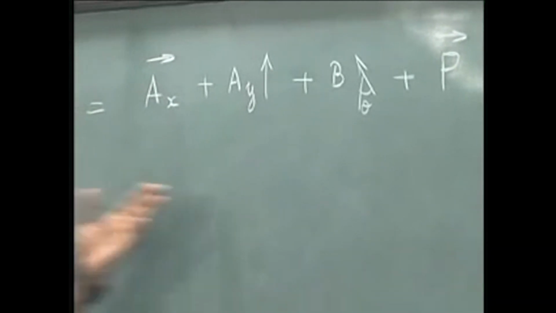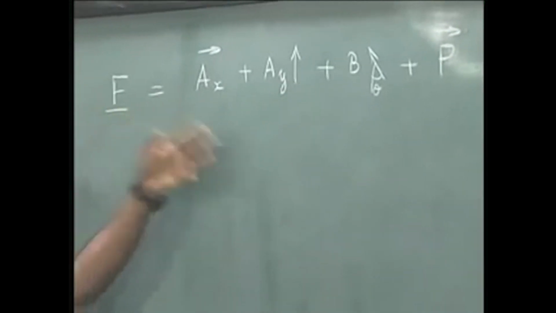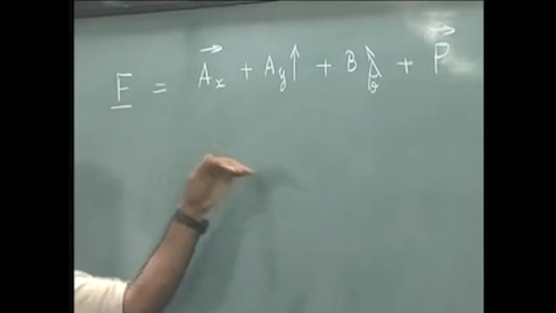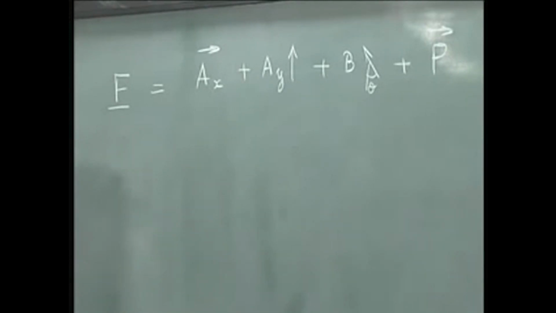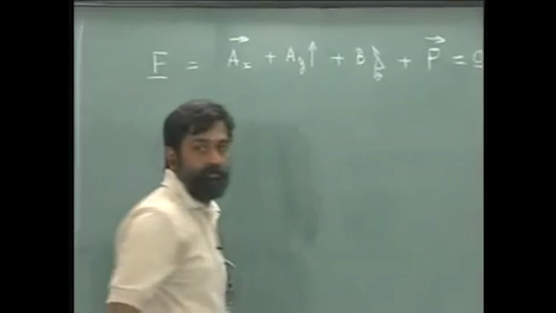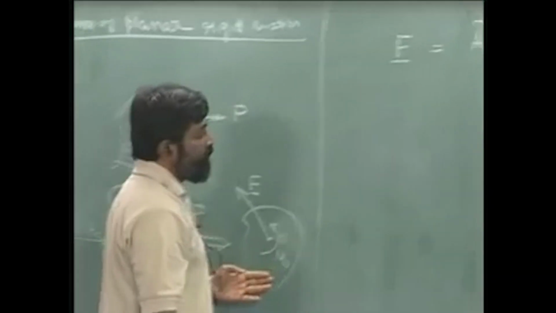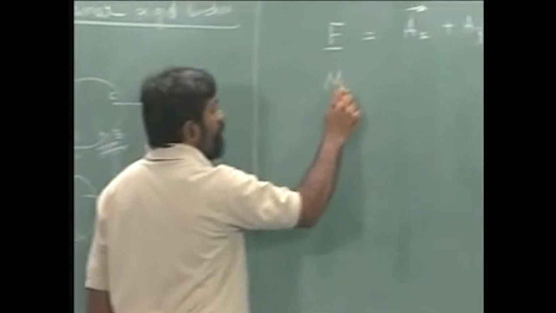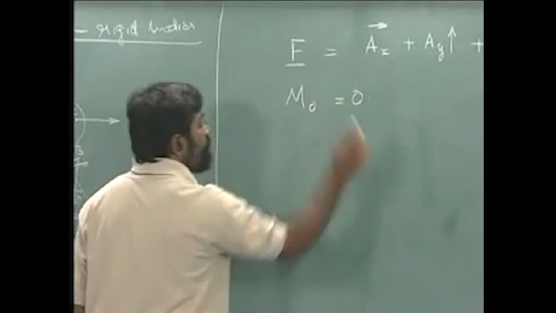Mind you, it is a vector equation. I have to now separate this into horizontal components and vertical components. If it is stationary, I have to say this is equal to 0. The other equation tells me that M naught should be equal to 0.